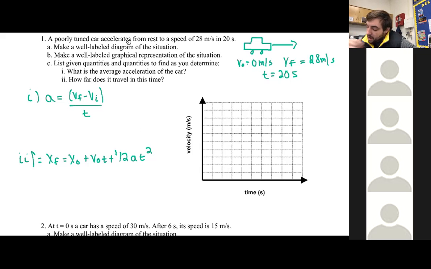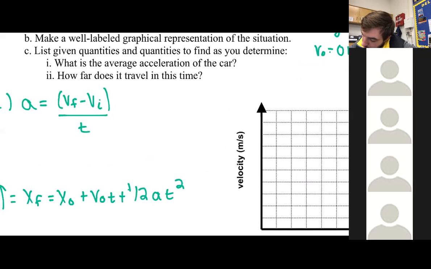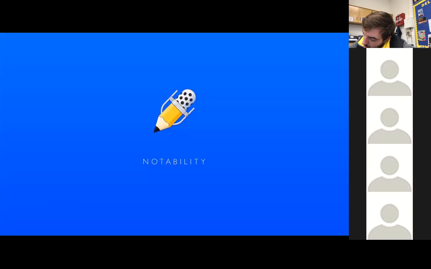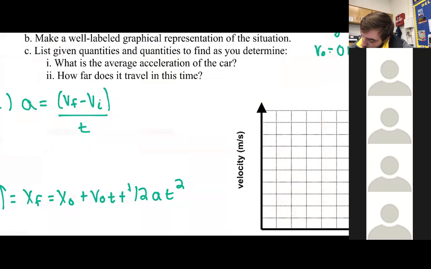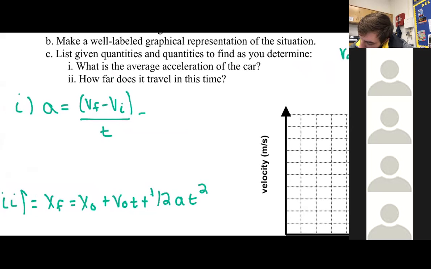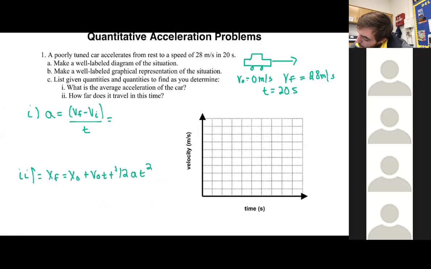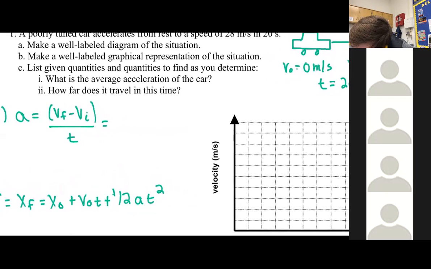If you guys want to look at my screen, I'll start to solve this problem for you guys. So final velocity of that car, 28 meters per second.